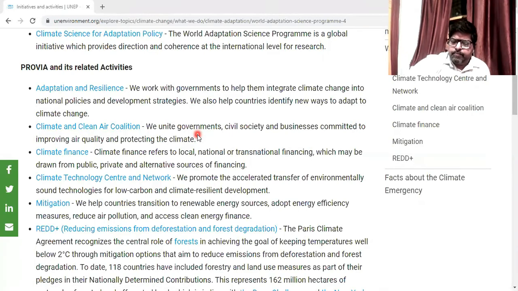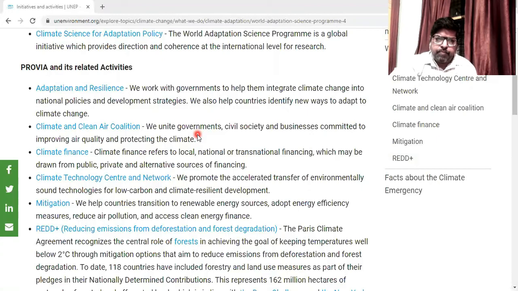Because the business that we are talking about here is international or global business, which has an impact on the productivity of the concern, so the product has an impact on the environment as well. If we talk about the further step towards the environment, which is called climate finance, climate finance is to be referred to as local, national, and transnational financing by which public and private alternative sources are drawn and financed.